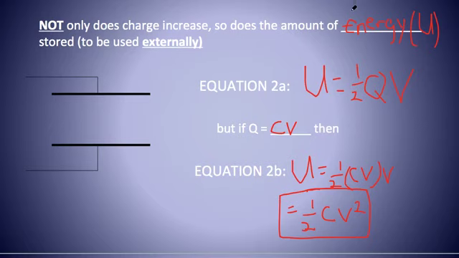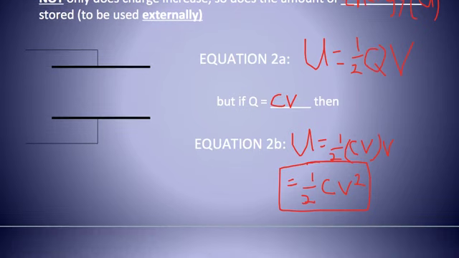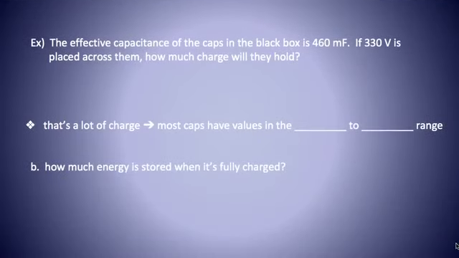So let's do a practice problem. Very basic at first. Let's say, as I've demonstrated to you already, or I will demonstrate, we have a bank of capacitors which has an effective capacitance, not of 460 millifarads, but rather 460 microfarads, and it is charged with 330 volts of potential. So the simple question we ask is how much charge will they hold?